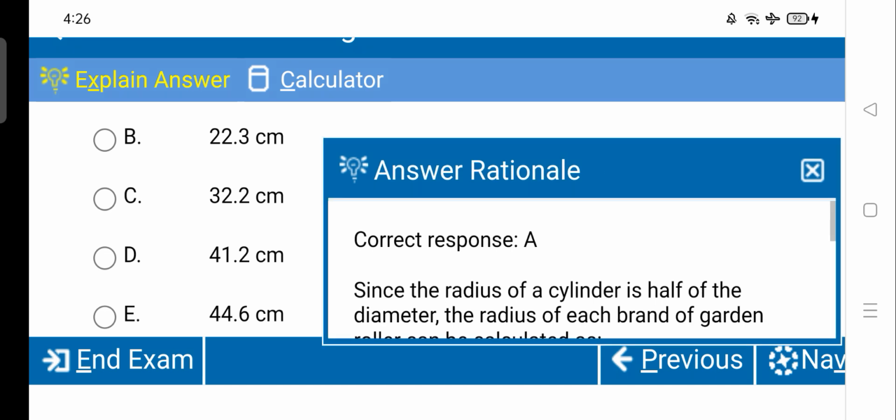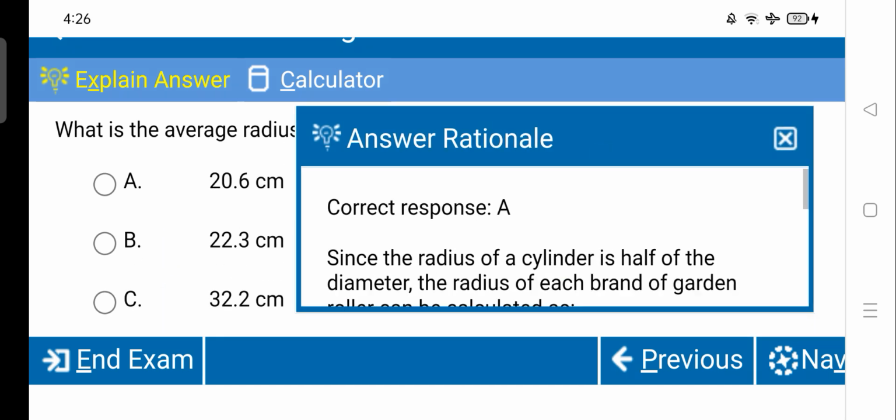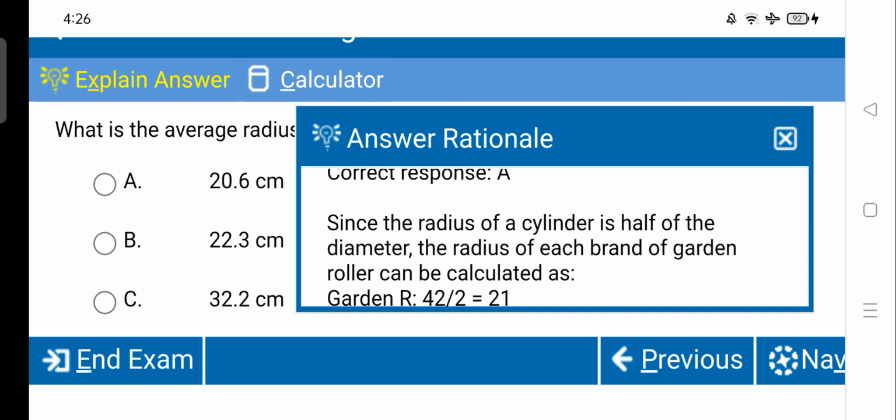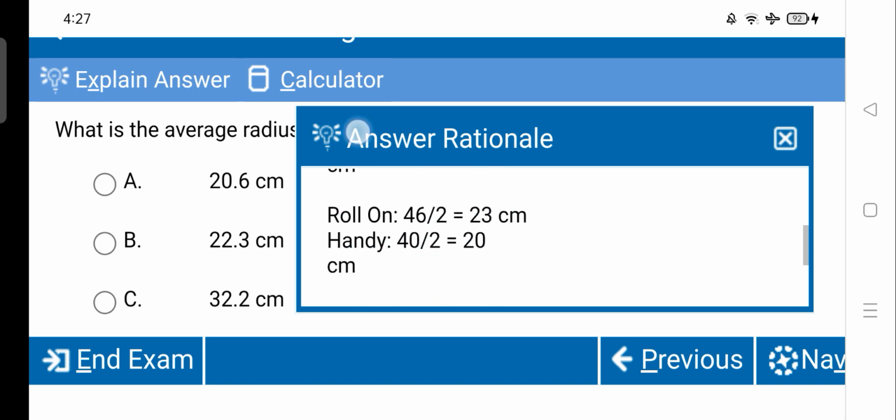The correct response is option A. Since the radius of a cylinder is half of the diameter, the radius of each brand of garden roller can be calculated as follows. Garden R: 42 by 2 equals 21 centimeters.